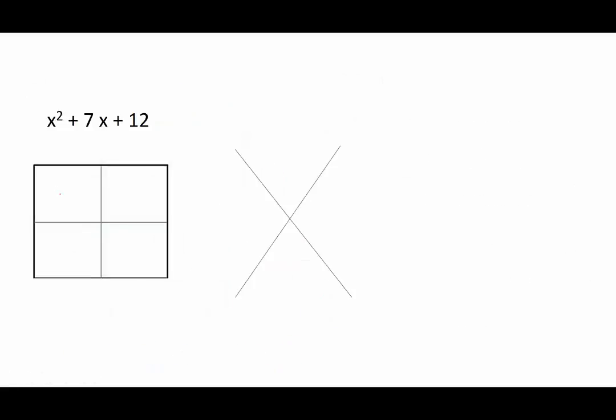Now let's do this one. X squared goes in the top left, 12 goes in the bottom right. I multiply the first term times the last term and I get 12x squared. The 7x goes in the bottom.